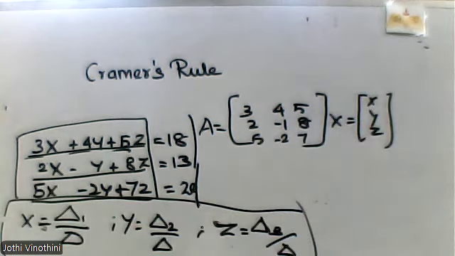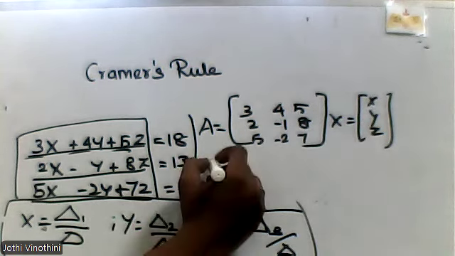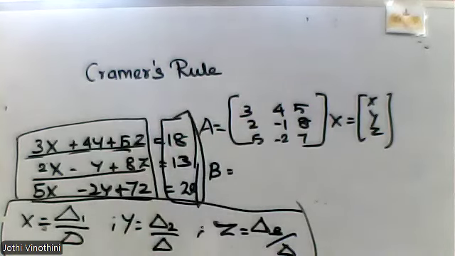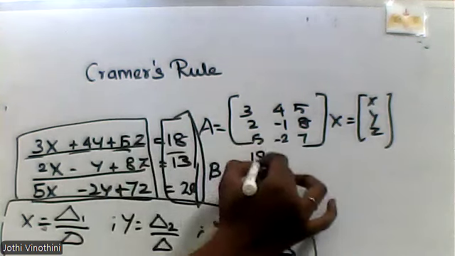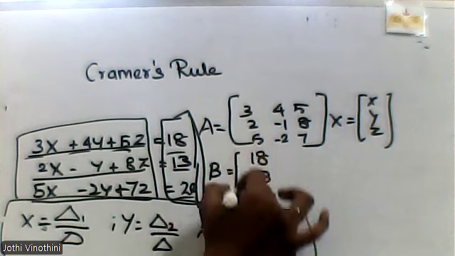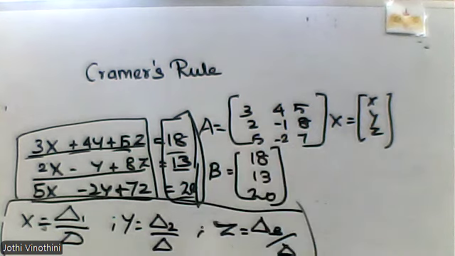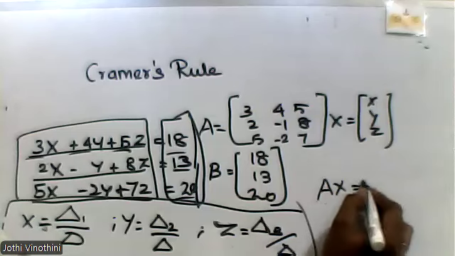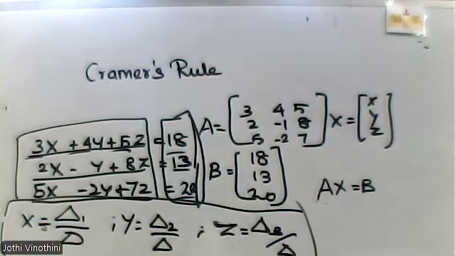And we take another matrix, matrix B. For this, we simply take the elements on the right hand side in the same order. What we have first? 18. Then 13. Then 20. Why did we take it like this? We know that AX equals B.